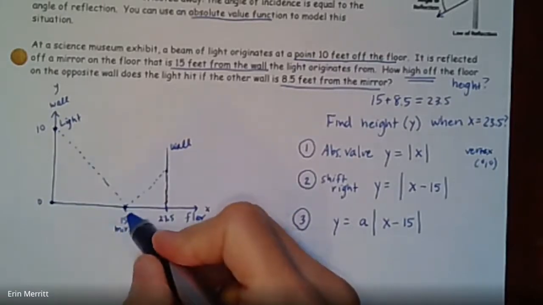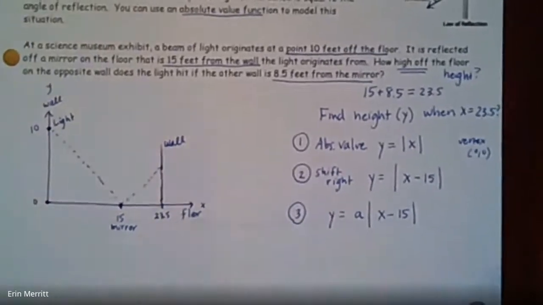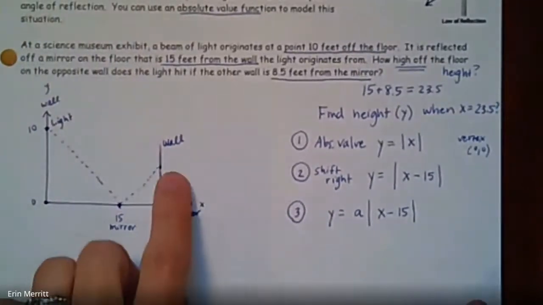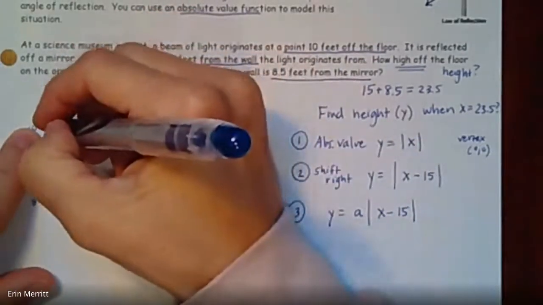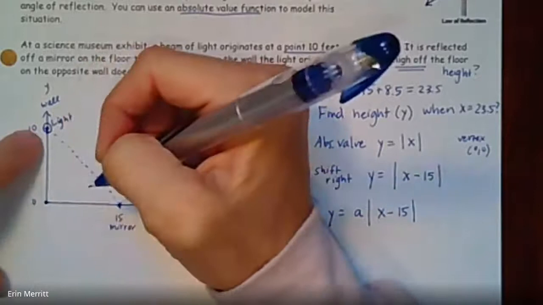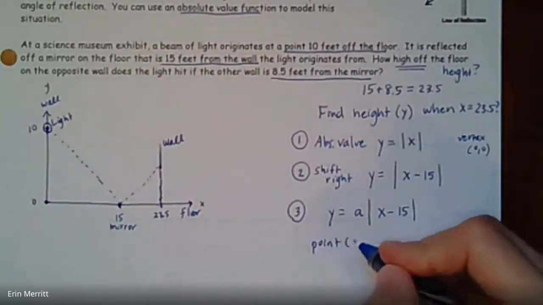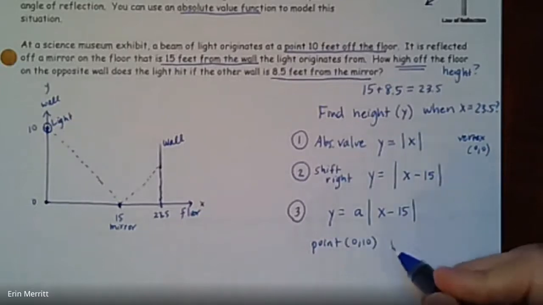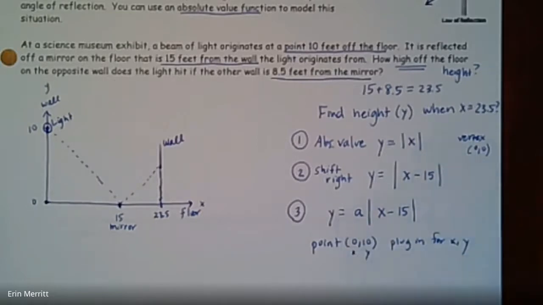So I can't use this point. But if you look at the graph, do we know any other points that are on the graph? We know this one. The coordinates of that point right there are 0, 10. So we can use the point 0, 10 and plug in for x and y, because here's my x, there's my y.